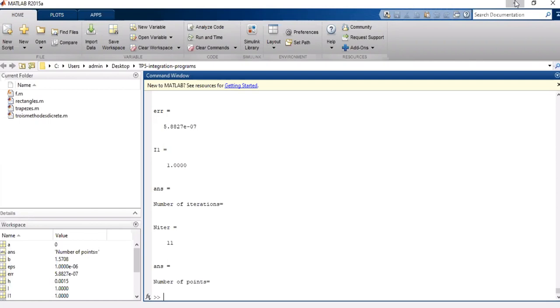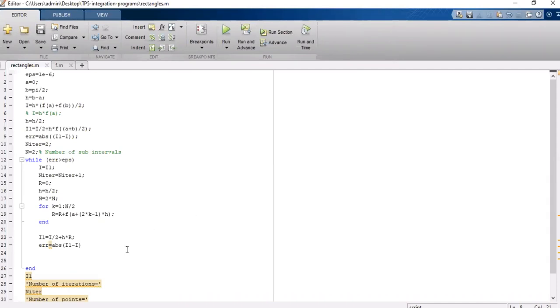Of course, this depends on the precision. The more accurate you want your result to be, the more iterations you will have to do. But it's the same program, so I didn't change anything.